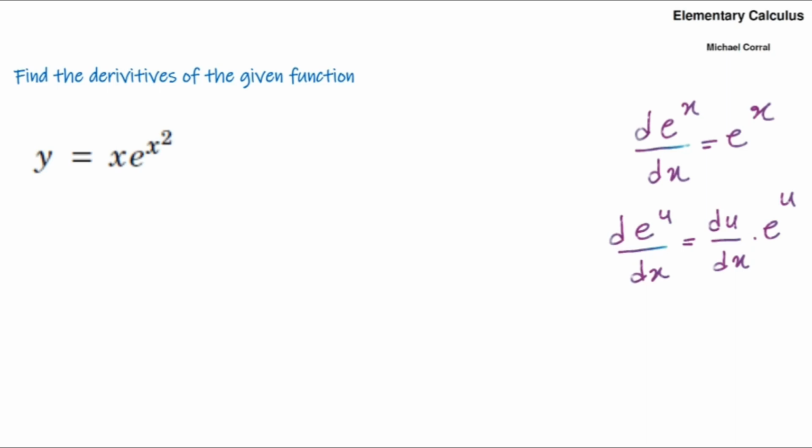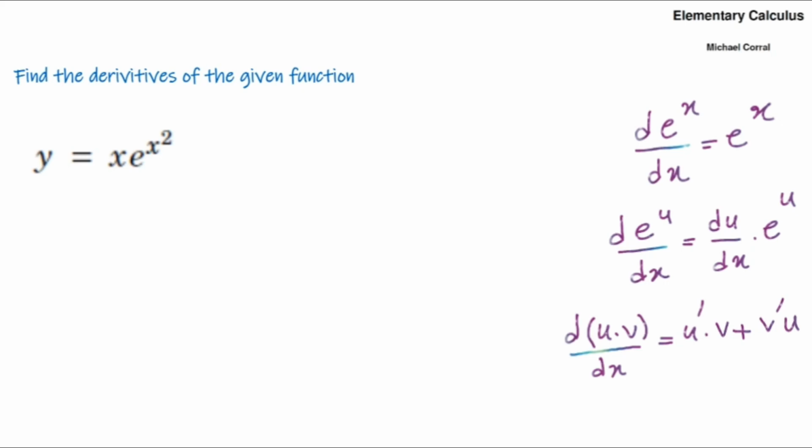Before finding the derivative of this function, we should know that the derivative of u times v with respect to x equals u prime times v plus v prime times u.